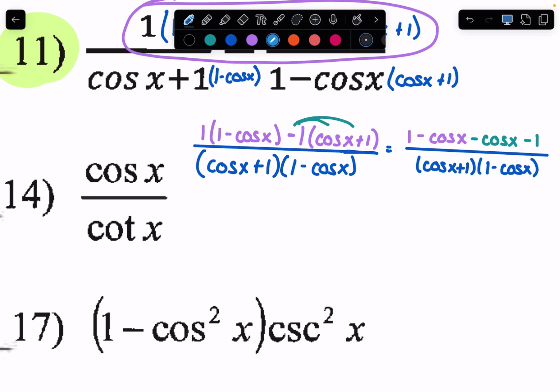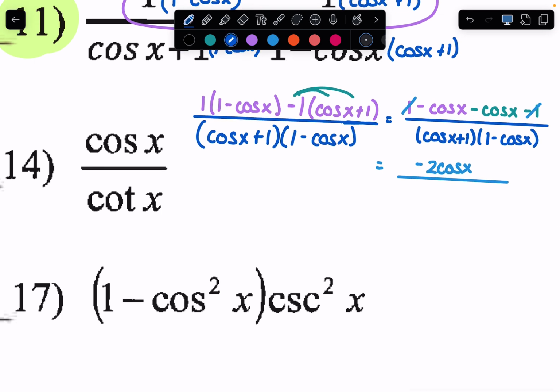Okay. So up top, that 1 minus 1 equals 0. So you're left with -2 cosine x over cosine x plus 1, 1 minus cosine x.